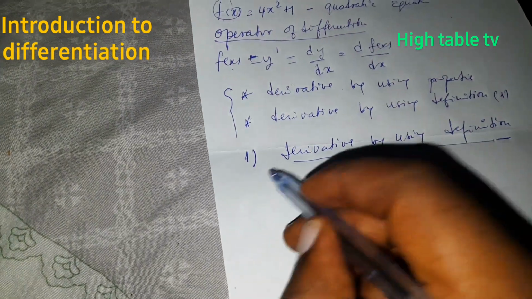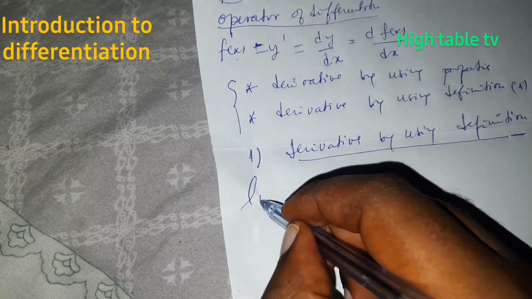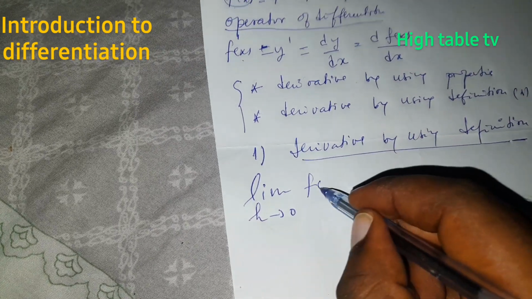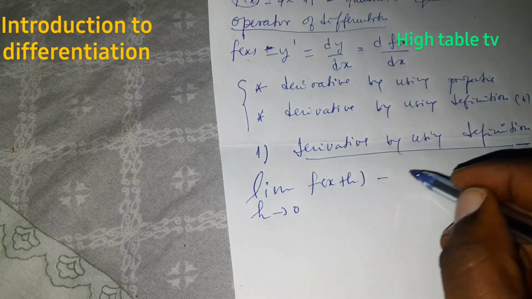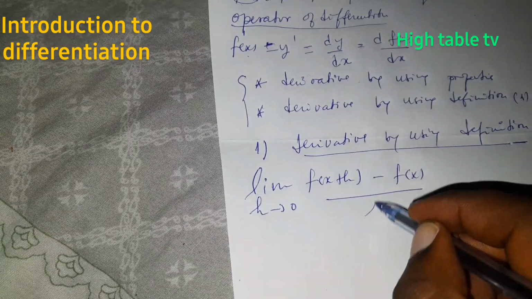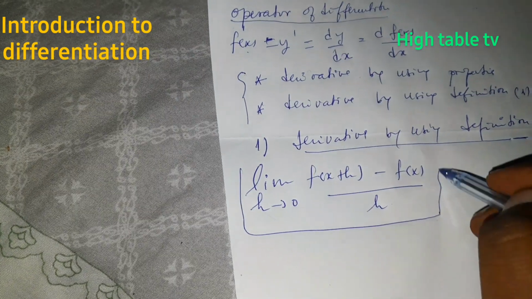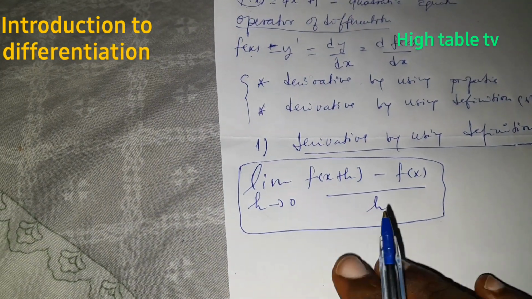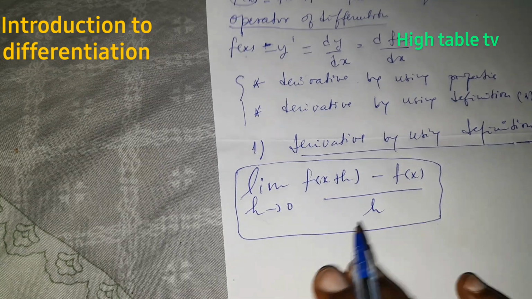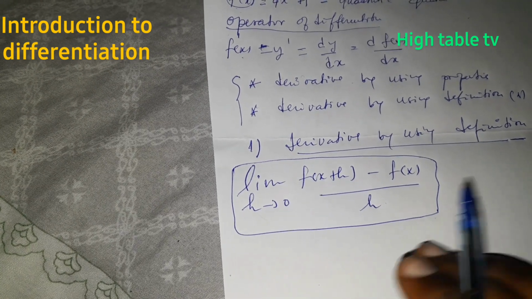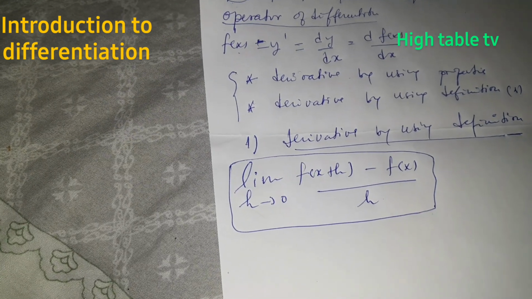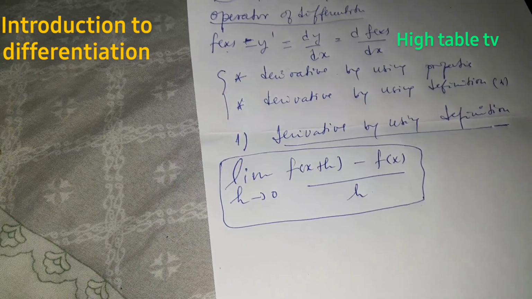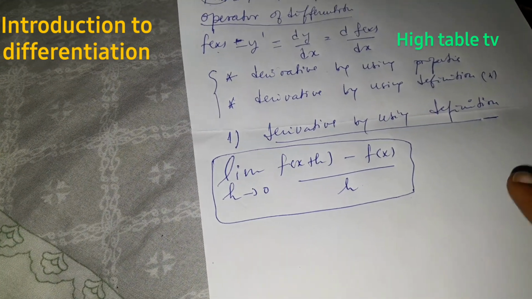If we talk about the derivative using the definition, it indicates that you can use a formula, which is written as the limit of h tending to 0 of f(x plus h) minus f(x), over h. About this formula, it will be easy if we know about the operator on the limit, and you can use it to evaluate the derivative by using the definition.